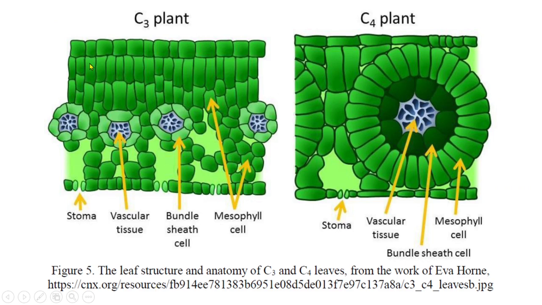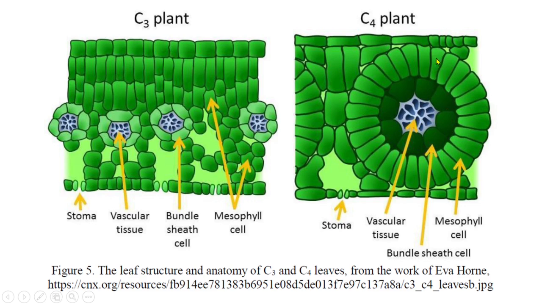So again, this is the C3 plant, and this is the C4 plant. We can see clearly the difference. The mesophyll cells are surrounding the vascular bundle. So the mesophyll cell is where the fixation of carbon dioxide into C4 will happen. Once it is inside a C4 molecule, it will be transferred towards the bundle sheath here, and then it will release the carbon dioxide.